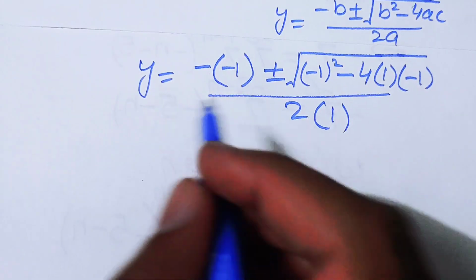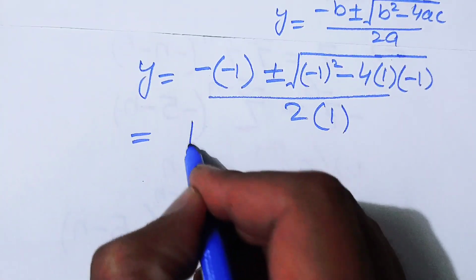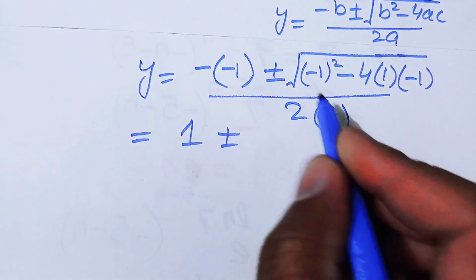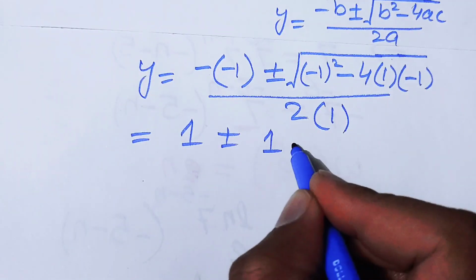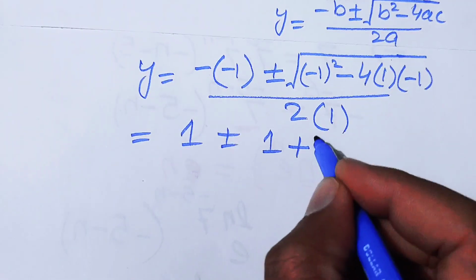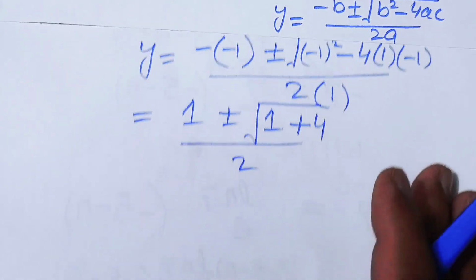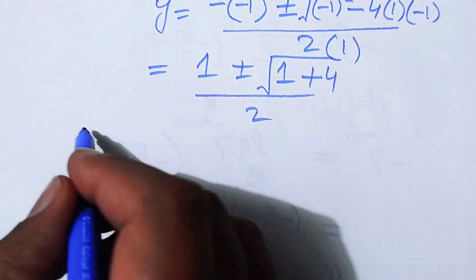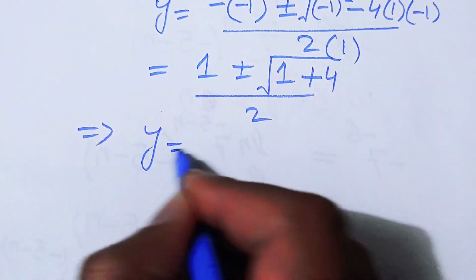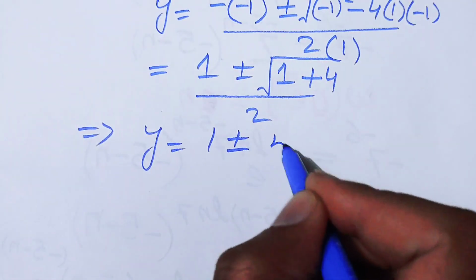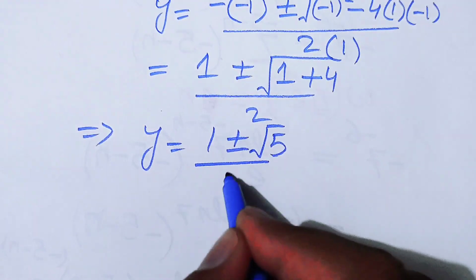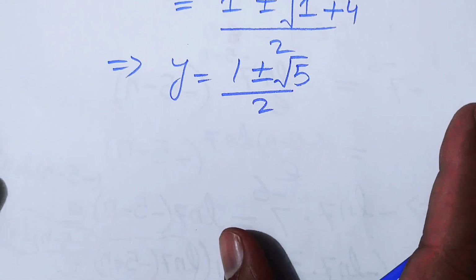And now we can simplify the terms, and you will get 1 plus minus the square root of, minus 1 square becomes plus 1, and minus minus 4 becomes plus 4, and its whole square root over 2. So you will get y is equal to 1 plus minus the square root of 5 over 2. So here we have two cases.